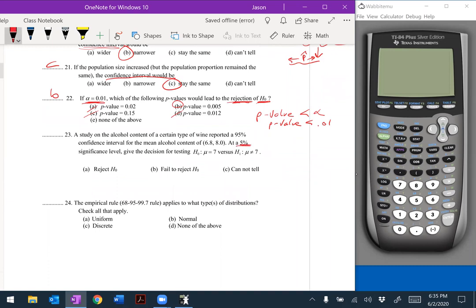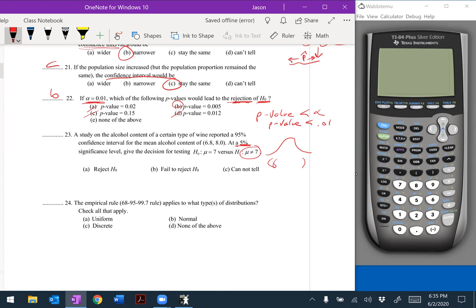At a 5% significance level, give the decision for testing mu equals 7 versus mu is not equal to 7. Okay, so again, a confidence interval will give me the same information as a two-tailed test if it's not equal to.